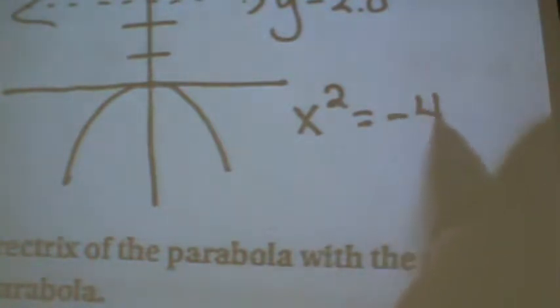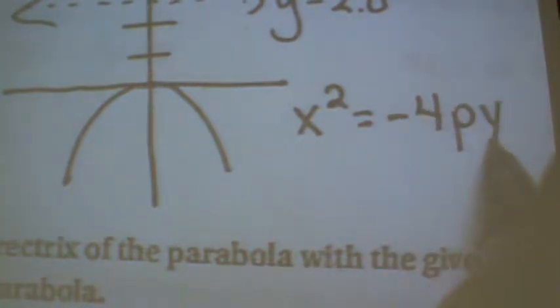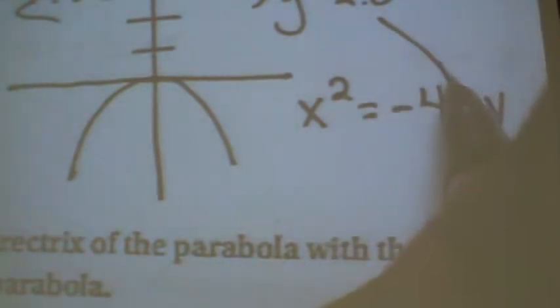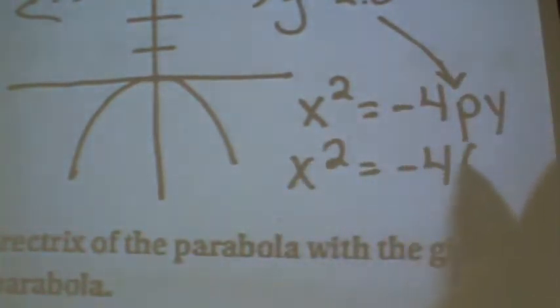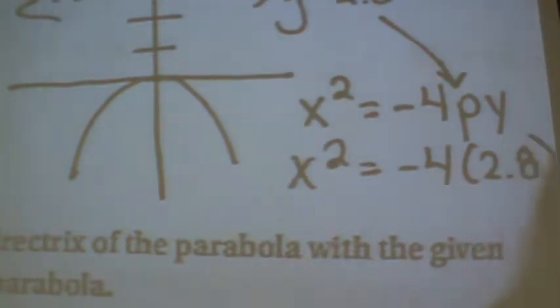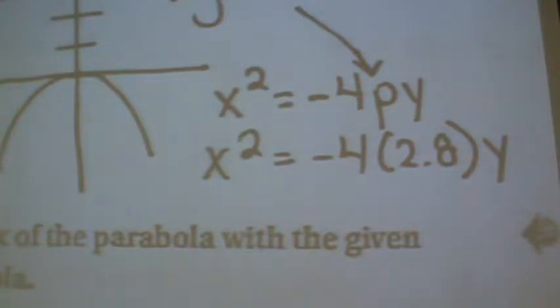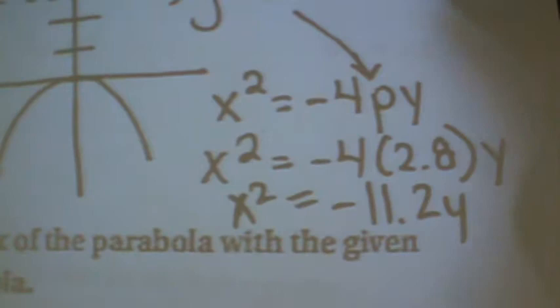Negative. You're going to put 2.8 in there. And what is -4 times 2.8? 11.2. 11.2, you are correct. And the last one.